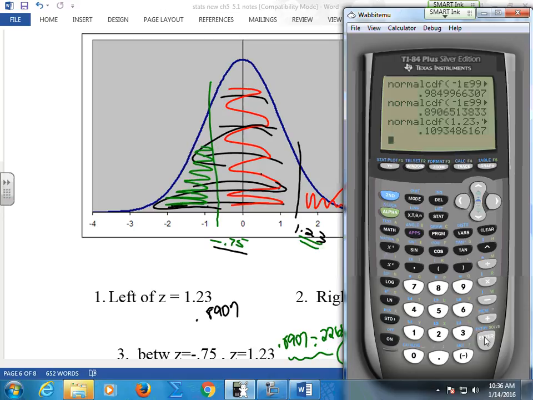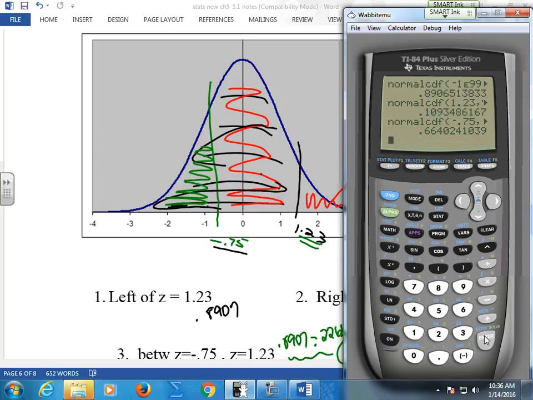Now, to do an in-between, the in-between is the best. If I'm in between these two scores, there's my lower bound, there's my upper bound. So my lower bound is negative 0.75. My upper bound is 1.23. I'm on my standard normal curve. I paste.